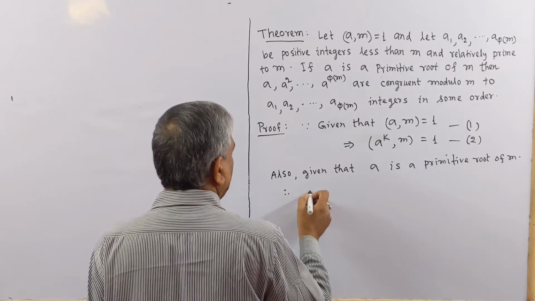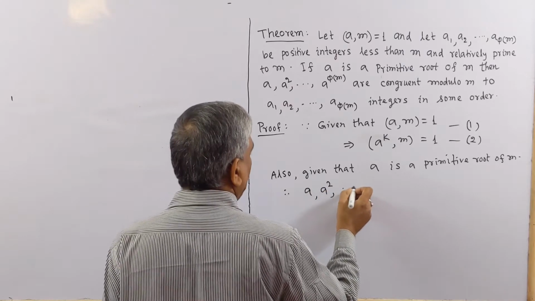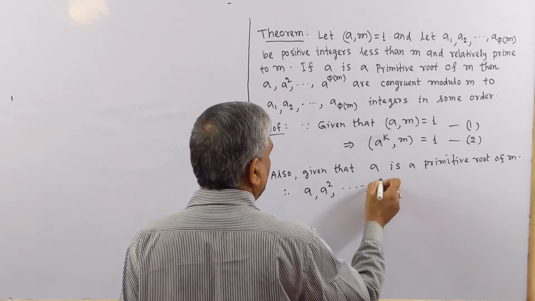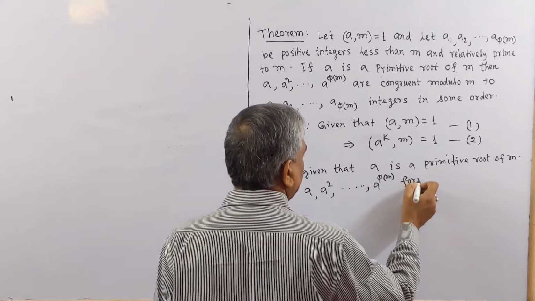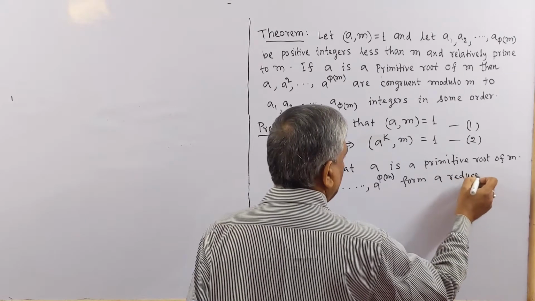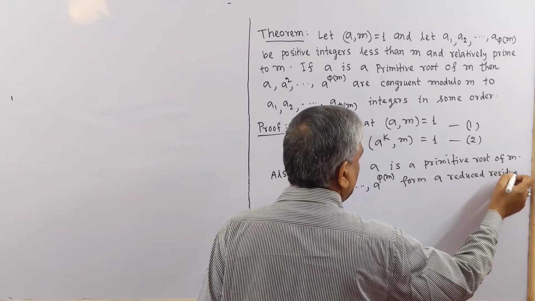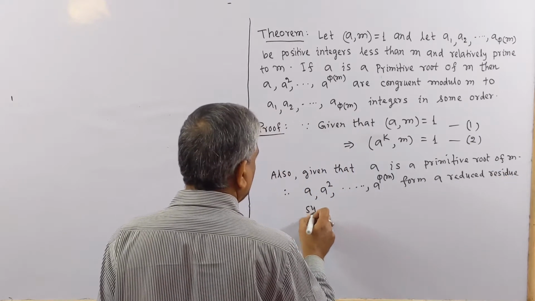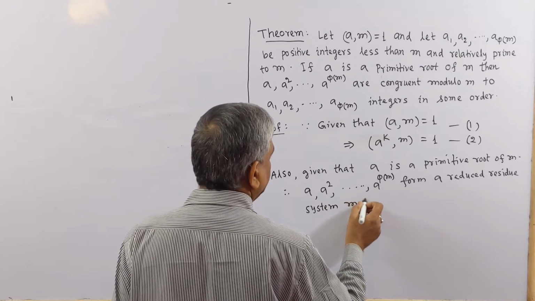Therefore, a square, comma, dot dot dot, a to the power phi m form a reduced residue system modulo m.